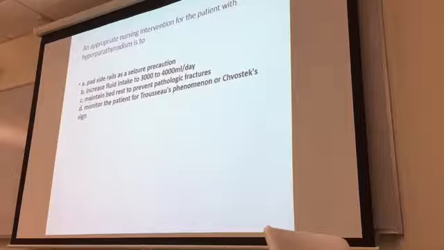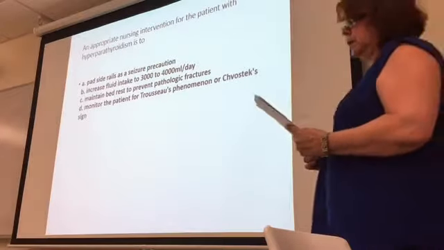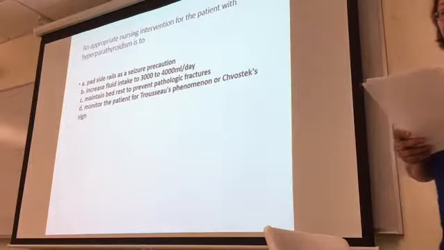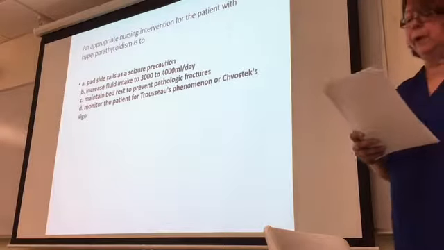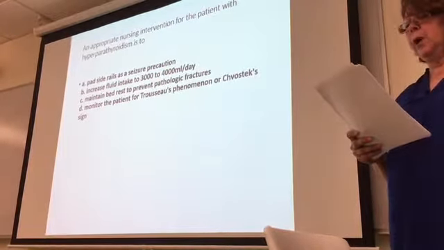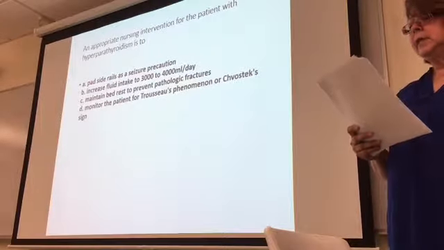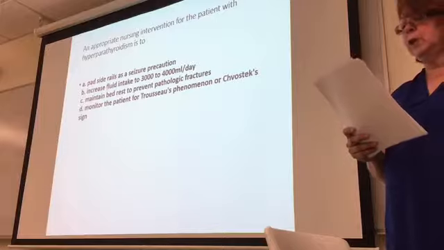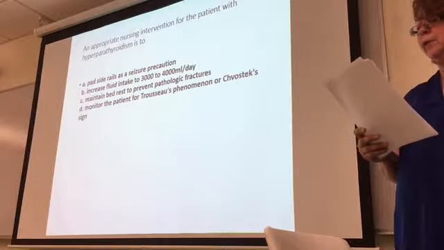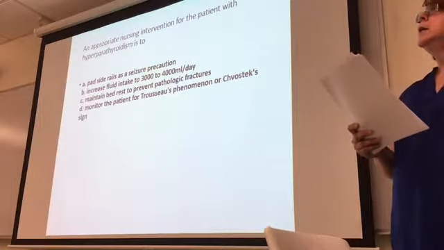All right. An appropriate nursing intervention for a patient with hyperparathyroidism is to: pad side rails for seizure precaution, increase fluid intake, maintain bed rest to prevent pathological fractures, and monitor the patient for Trousseau phenomenon or Chvostek's sign.